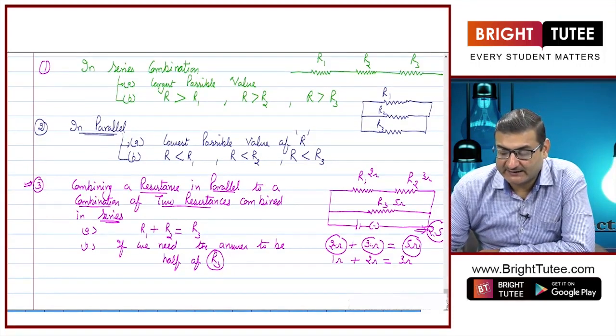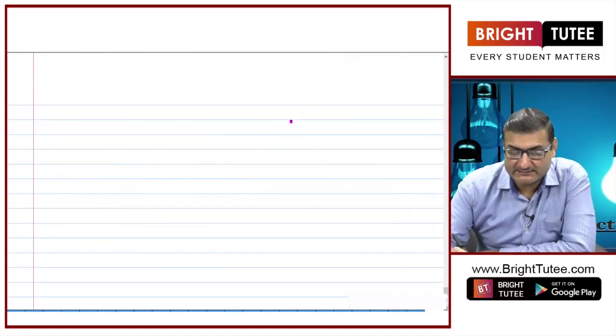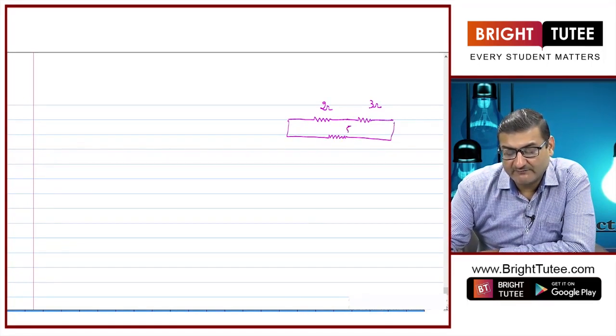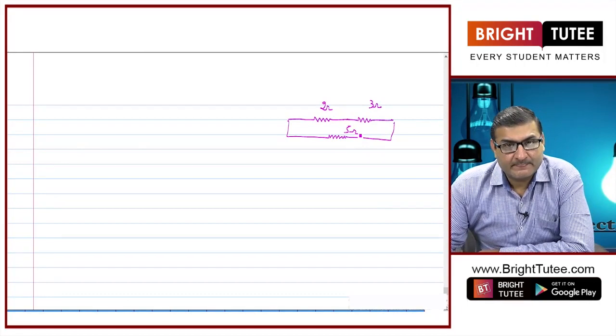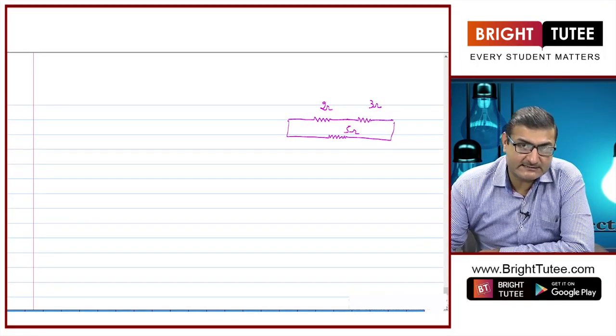Let us see, if I connect them, how do I get my required resistance? This is a 2 ohm resistance, this is a 3 ohm resistance, and I am connecting it with a 5 ohm resistance. Now, how will I get the resultant resistance? Let us see.